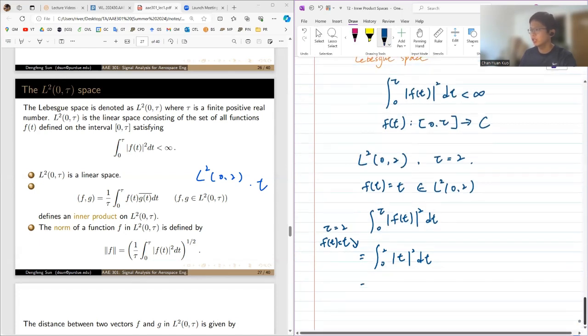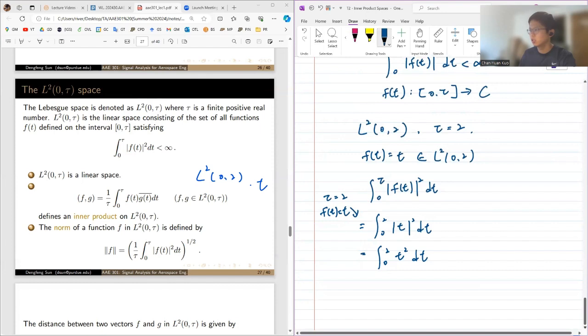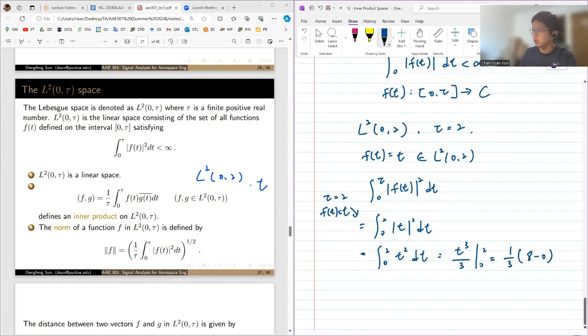Because t is a real number, and also t is positive from 0 to 2, we can remove the absolute sign, and what we end up with is just the integral of t squared dt. This can be solved easily. It will be t cubed over 3 from 0 to 2, which is 8 over 3 minus 0, so that's 8 over 3.